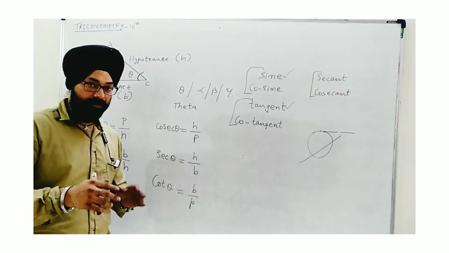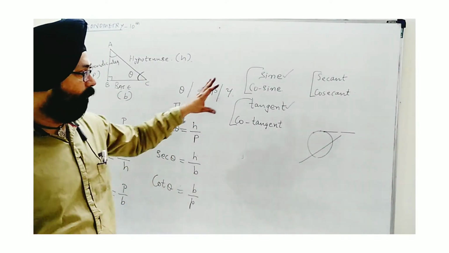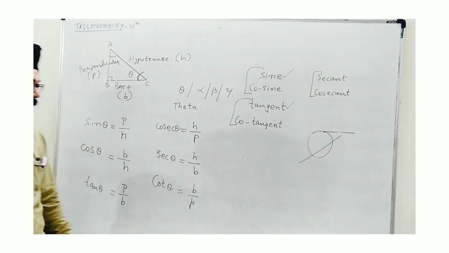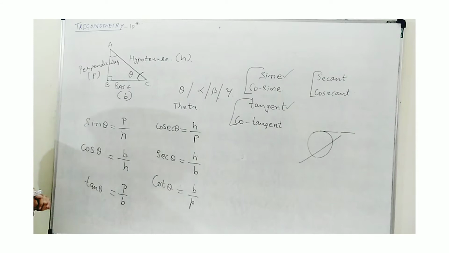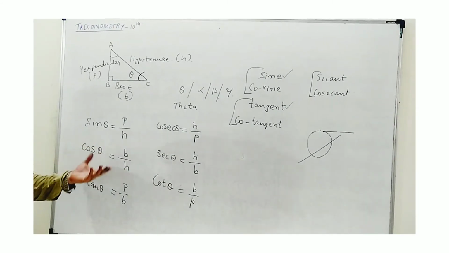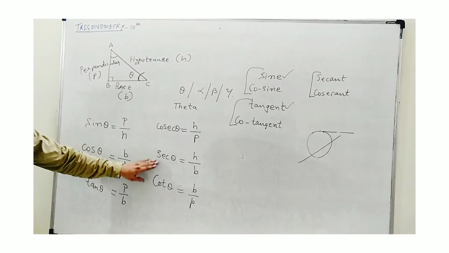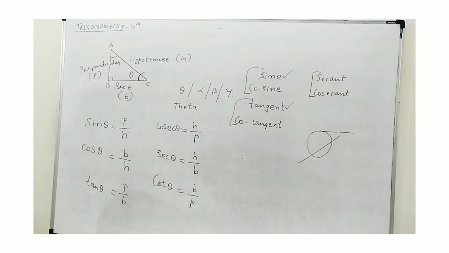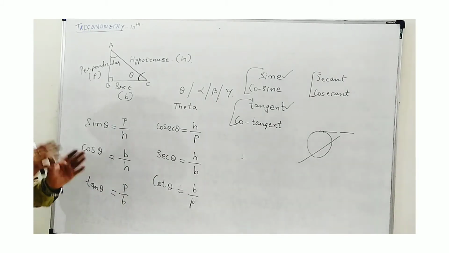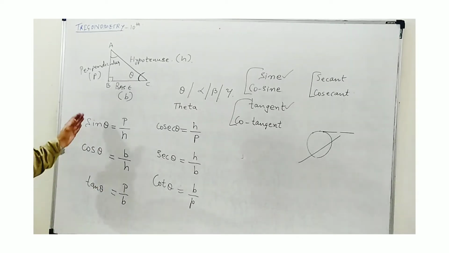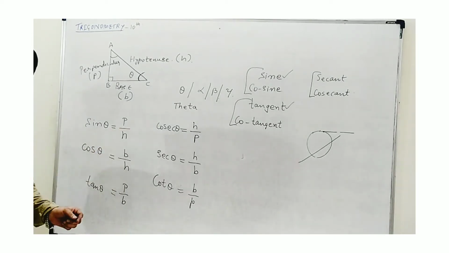All the things I am speaking cannot be explained at this moment, but for basic knowledge, this is enough. Now these ratios are named sine, cos, tan, cosec, sec, and cot. All the concepts of trigonometry are based on these six ratios only, and we will use them with these names.